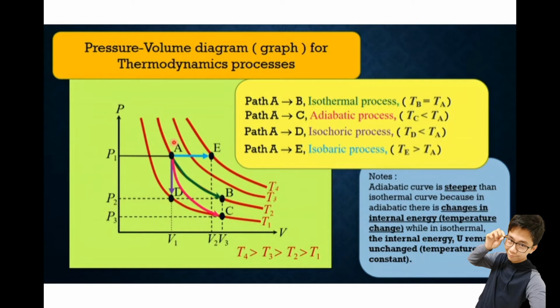Okay, the last one, path A to E. We can clearly see that the pressure is constant, so it means that it is an isobaric process. From this one, the temperature at point E is bigger than the temperature at point A, so it means that the volume increases.